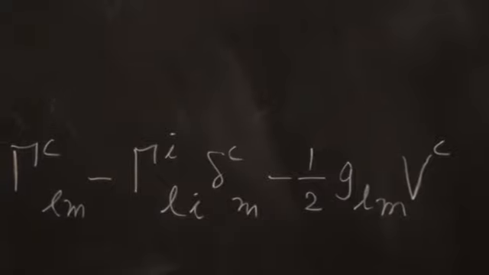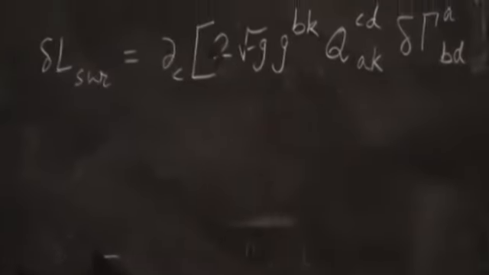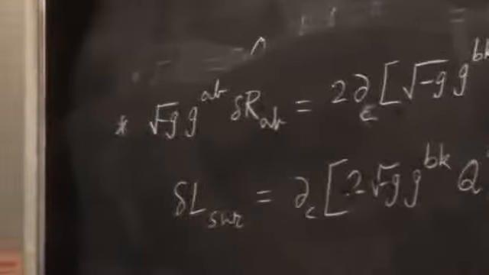You find that delta RAB is this and delta L surface is this, and if you recall, what we needed was the difference between these two. Okay?